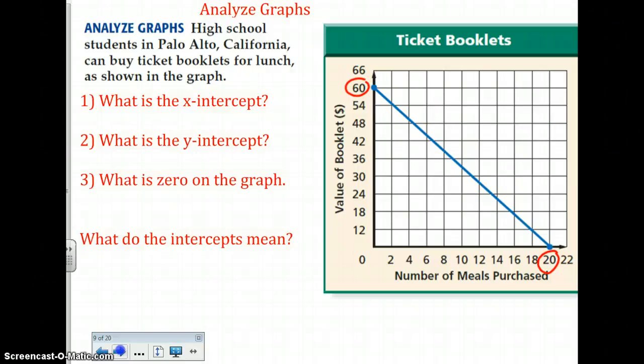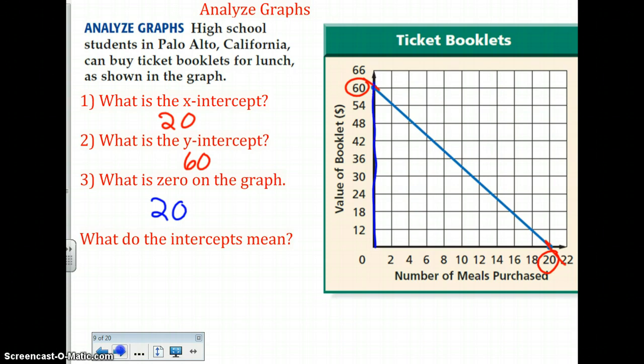So the x-intercept, where this line would cut across the x-axis, would be at 20. The y-intercept is where the blue line crosses the y-axis. That is at 60. Again, the 0 and the x-intercept are the same, so the 0 of this graph would be at 20.